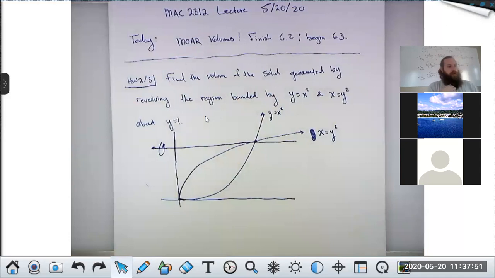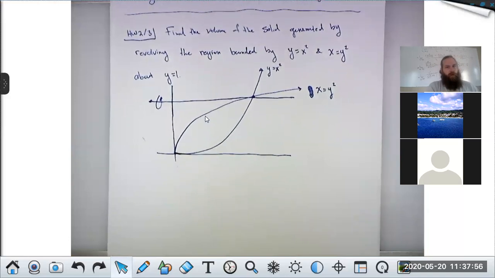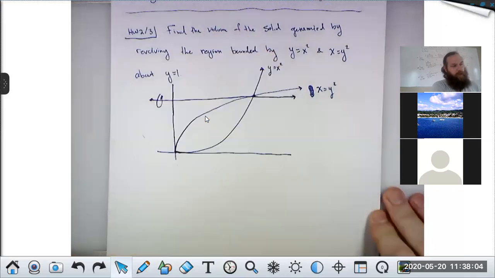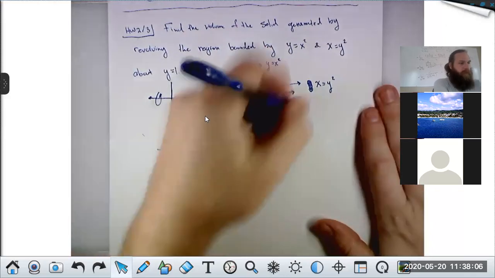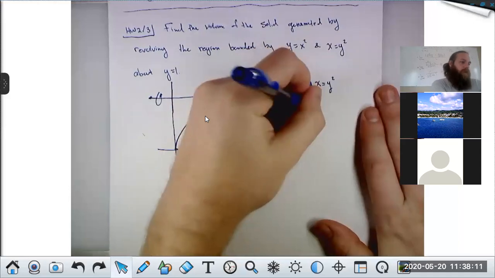Now here's the idea. The method of disks and washers, the method that we learned in section 6.2, we always draw our little differential thickness strip perpendicular to the axis of rotation. So here's my axis of rotation for disk washer.